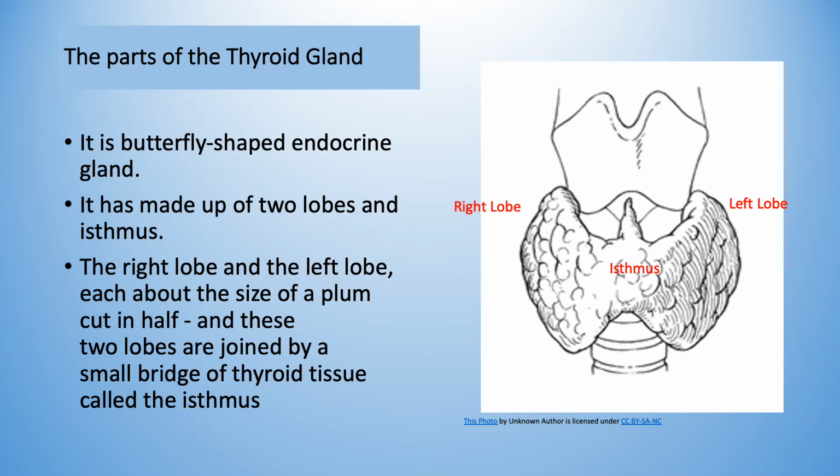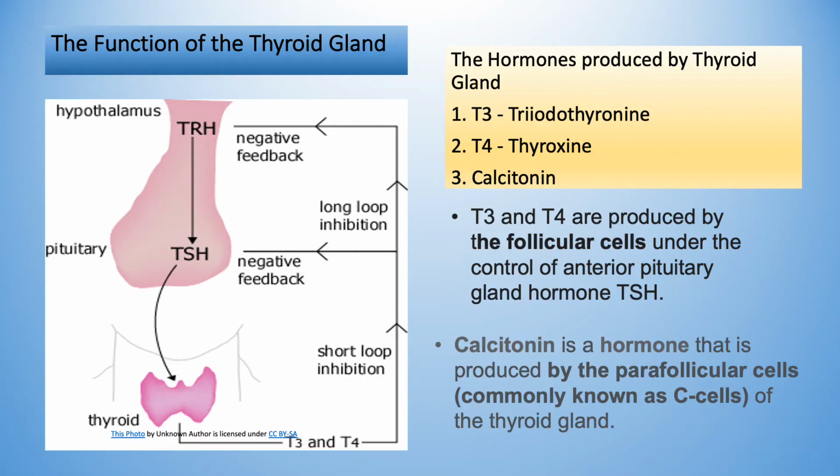It has two lobes, right lobe and left lobe, and between them there is a bridge of thyroid tissue we call the isthmus. Notice the right and left lobes are about the size of a plum cut in half. These lobes are further divided into tiny lobes, which we call lobules. Then they divide into follicles, which is a histological feature we will see under the microscope.